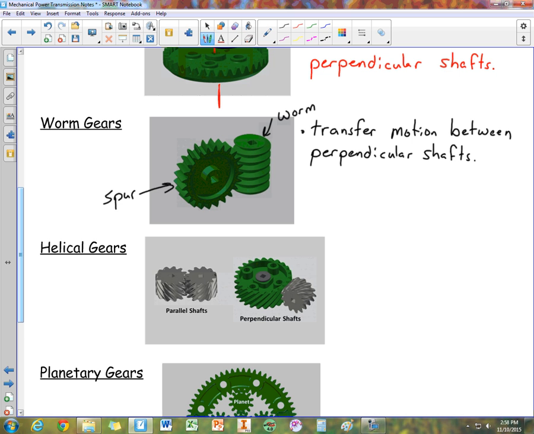But notice, excuse me, notice that this drive shaft, the perpendicular part, looks a little different than what we've seen. We do not have to worry about the drive shafts interfering with each other. So they're perpendicular, but they do not intersect. Worm gears typically have a very high mechanical advantage.